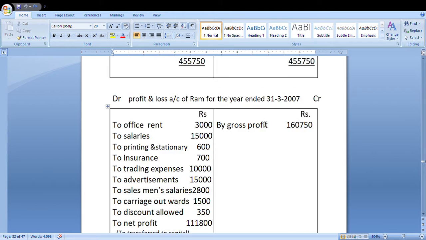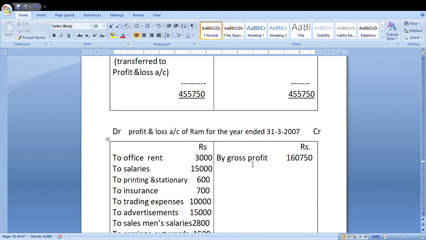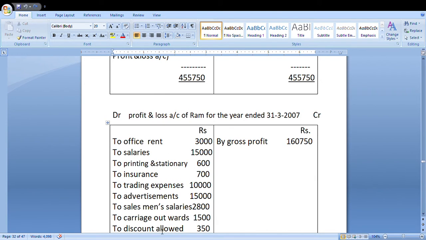This you already calculated in the trading account. This amount enters this credit side. Next you enter all expenses on the debit side and any incomes on the credit side.